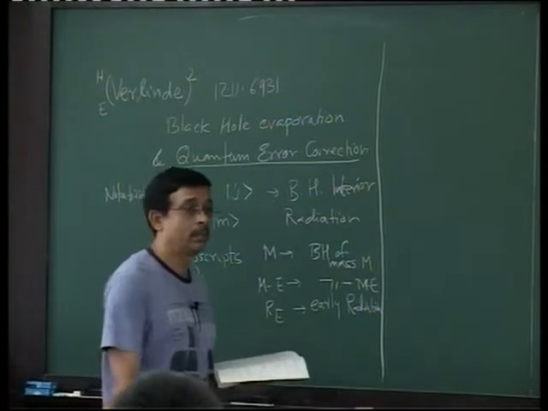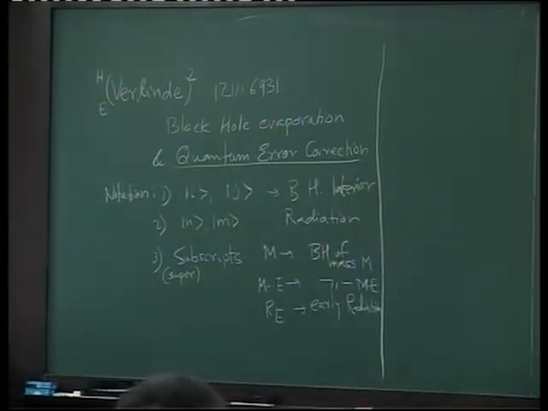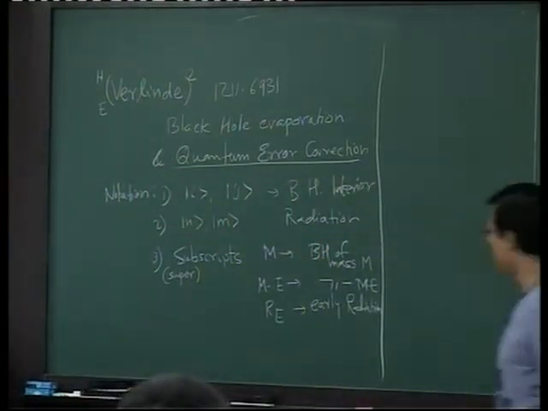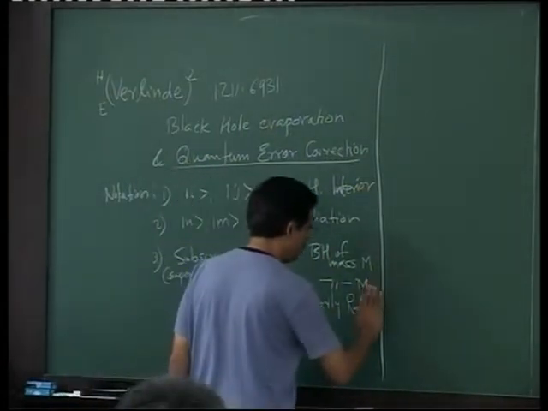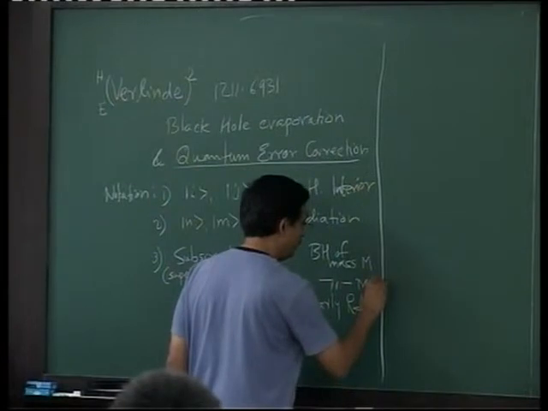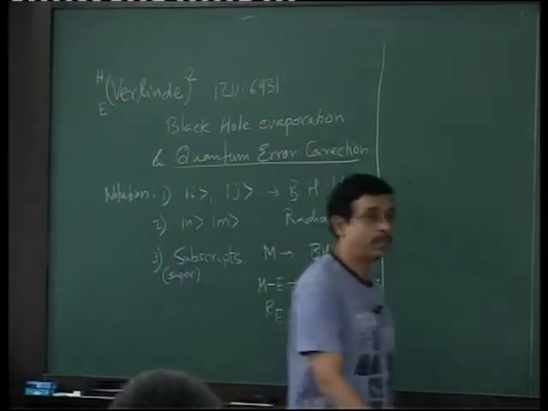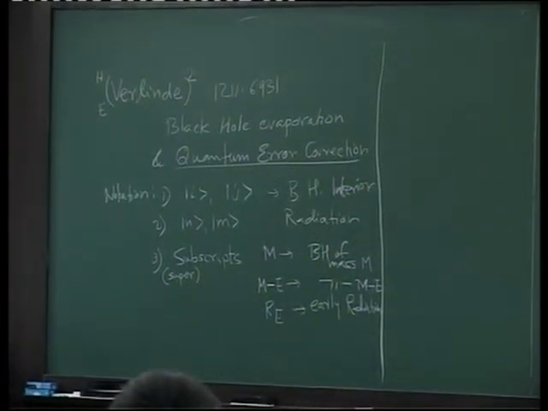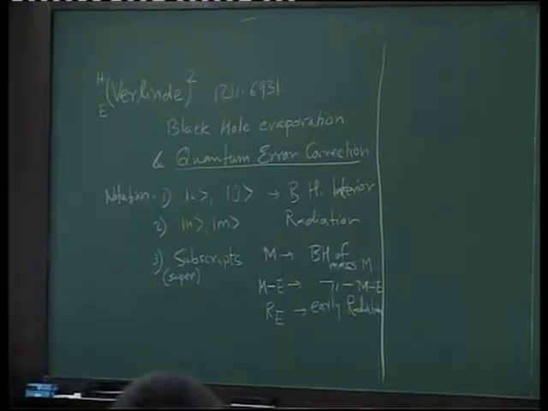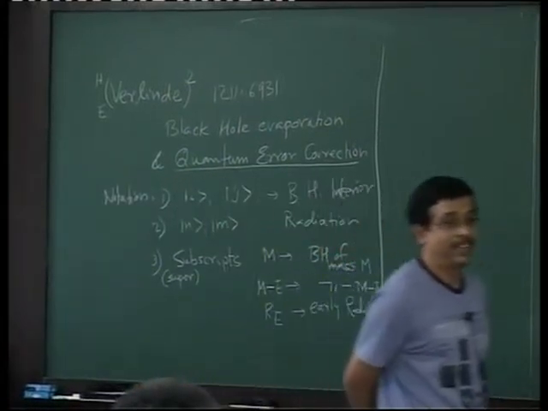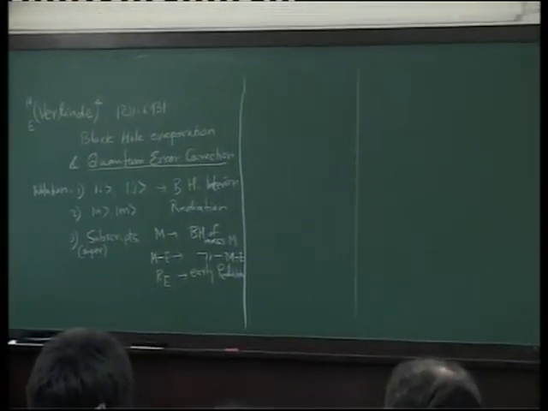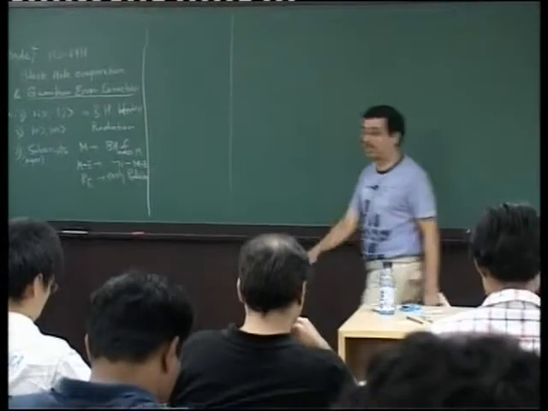These are subscripts. M minus E, so it is of a black hole of mass M minus E. M was the original mass, E went out in radiation. That is right. So one wants to write down another Hilbert space for that.